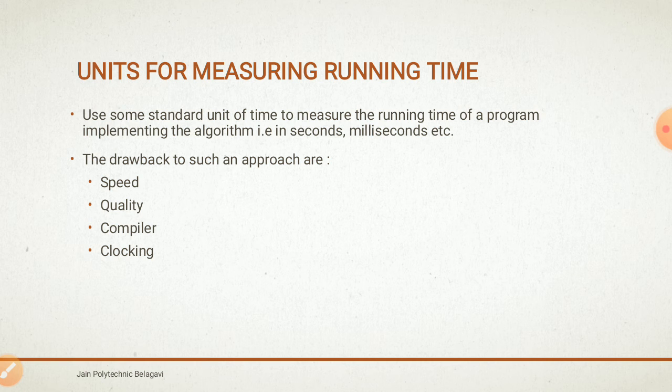So depending on the algorithm you are using, it will be depending on the basic operation you are performing, and the time consumed by that particular algorithm will be decided. That is all about units for measuring the running time.